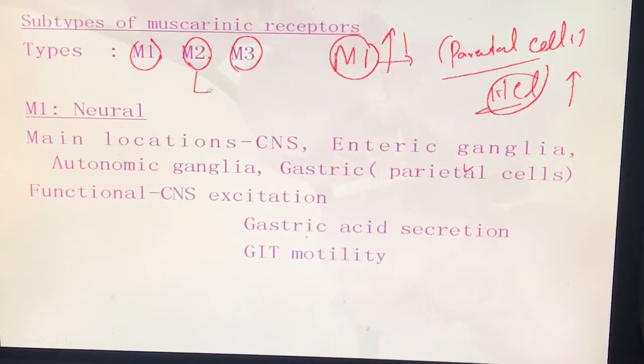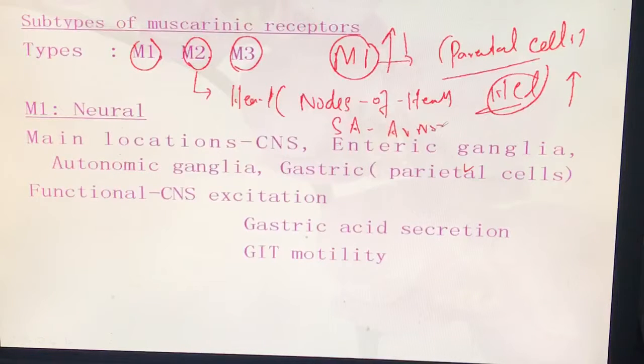What's the location of the M2 receptor? The M2 receptor is very special for the heart. It is present over the nodes of the heart, the SA node and AV node, to decrease the firing from the SA node and decrease the conduction velocity from the AV node.